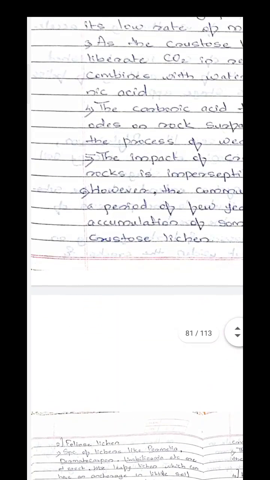So these communities modify the habitat, and then it will be unsuitable for that community. So in this way the succession takes place.